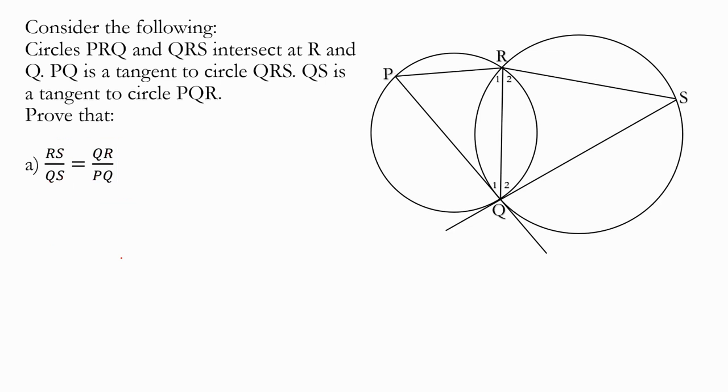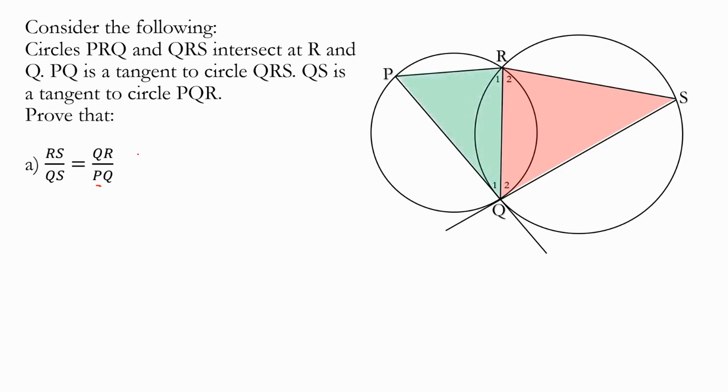Now from top to bottom, we have triangle RSQ, which is this triangle here. From the second fraction, we have triangle QRP, which is this triangle.